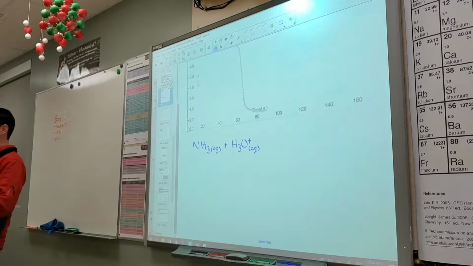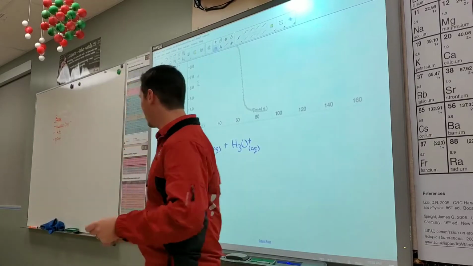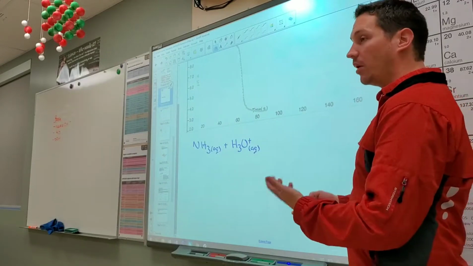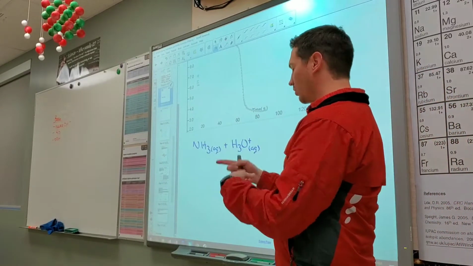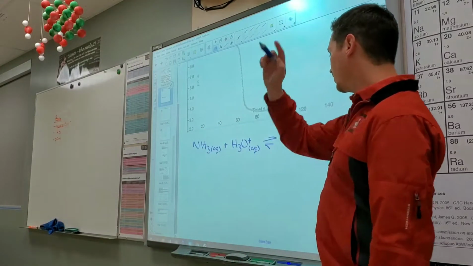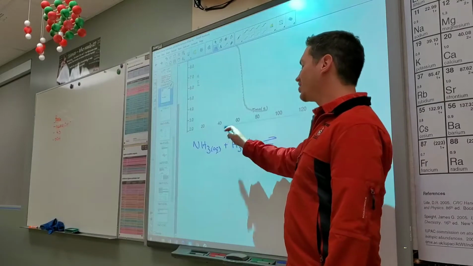Hydrochloric acid doesn't exist because it's a strong acid. It immediately 100% turns into hydronium. So really, when you buy a bottle of hydrochloric acid, you're buying a bottle of hydronium and some chloride ions. So those are the worst equilibrium arrows ever, but hopefully you get it. What's the reaction here? What are we going to make?